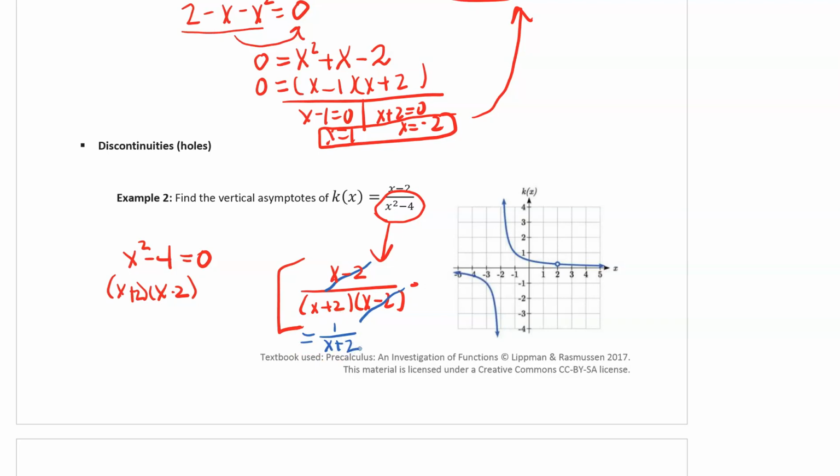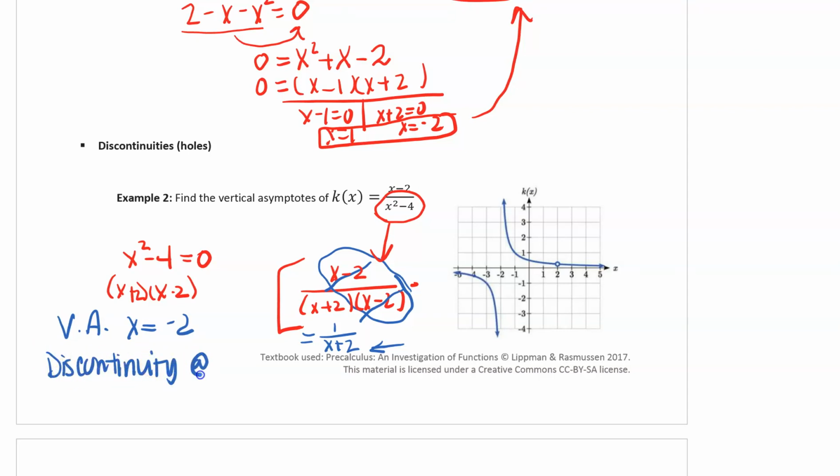And so what happens is I will have a vertical asymptote at x equals negative 2, the one that was left in the denominator, and this part here that cancels out, we call this a discontinuity at x equal to 2. So the one that you are canceling out is your discontinuity.